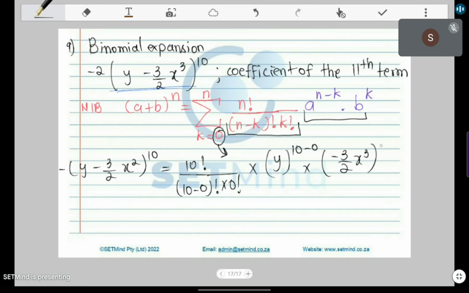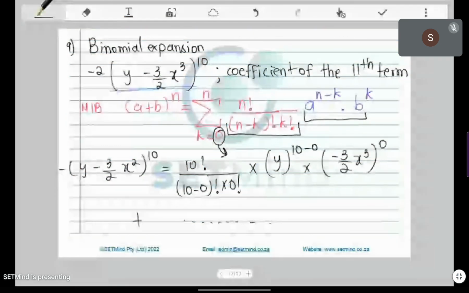And then I'm gonna do the same for k is 1, expand, expand, and for k is 2. So I'm trying to understand something here.